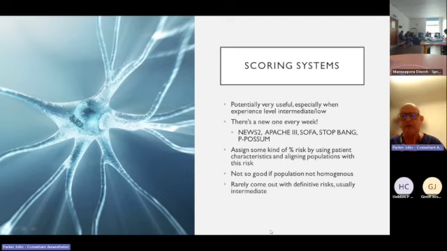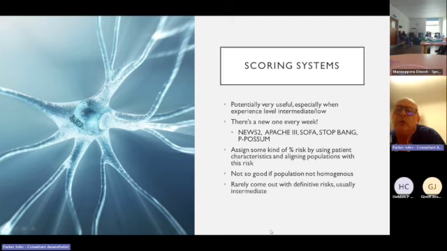But anyway, the thing about scoring systems generally, in my experience of them personally, is that they can be not greatly useful. Essentially what they often do is give you a percentage risk, such as a percentage mortality risk, and essentially put the patient in front of you into a subpopulation with that risk. You don't know if actually their risk is higher than that.